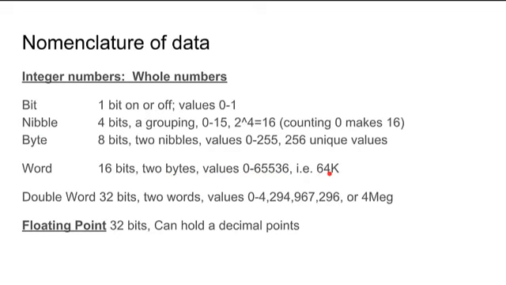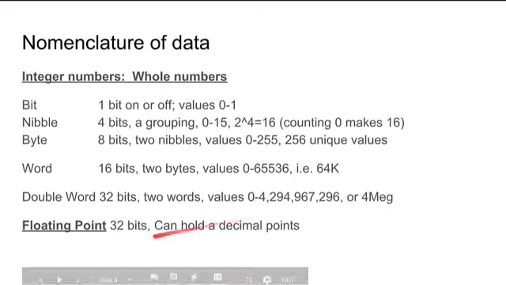That's where we get this kind of linking of numbers. A double word is 32 bits, 2 words together, which can store 0 to about 4 billion. That's more than numbers I've ever seen in a bank account.